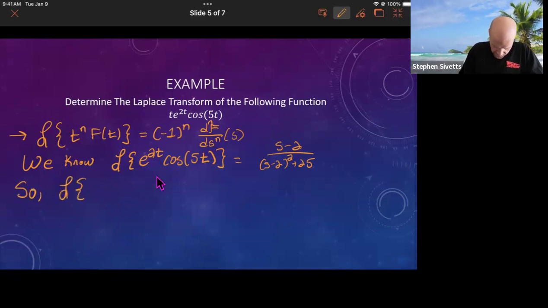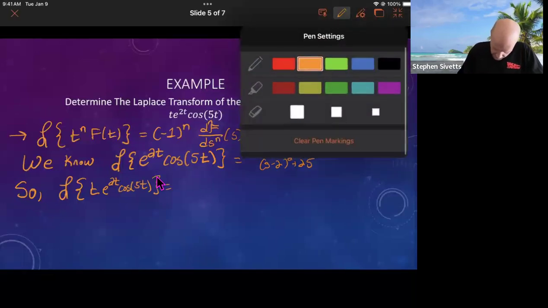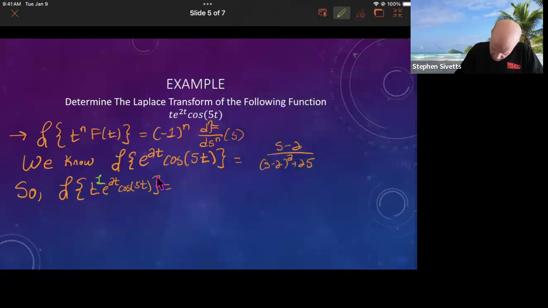the Laplace transform of t times e to the 2t cosine 5t is equal to, so the t exponent here is a 1.